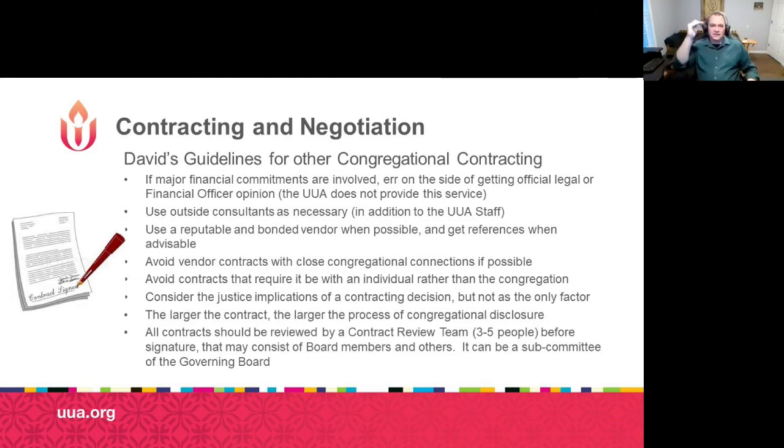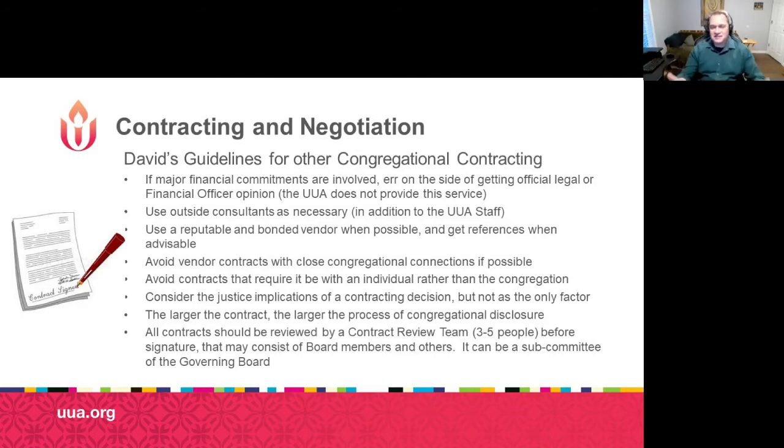Not at the exclusion of them being bonded, of them having the ability to work with the institution rather than an individual, right? But it is an appropriate decision to choose, even sometimes to pay more. In fact, I think that's a wonderful justice decision, to pay more for a contract because it's with a minority-owned vendor.